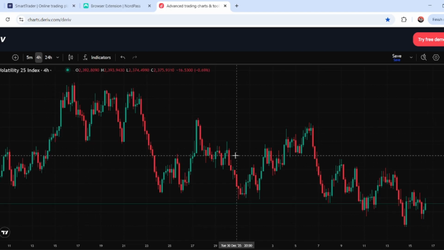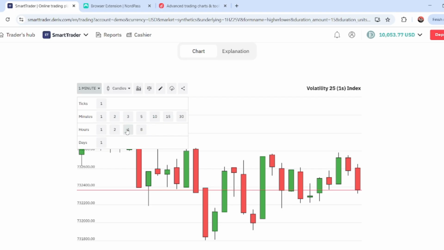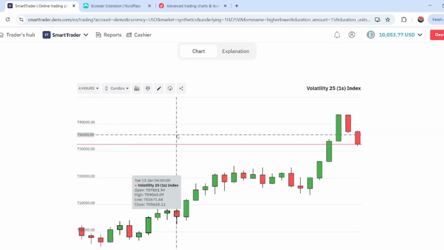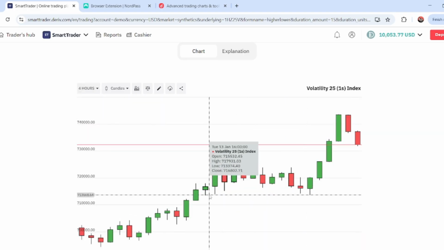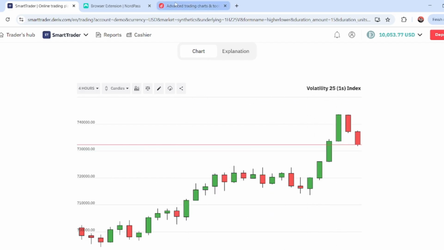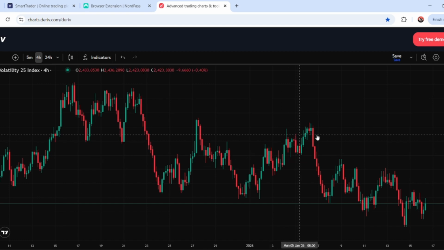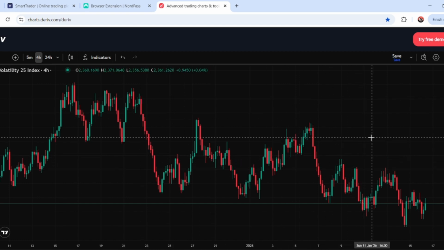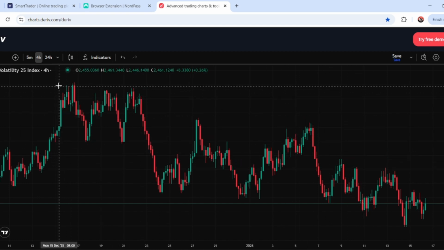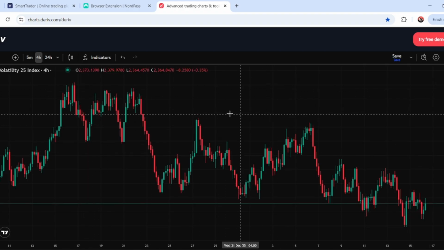Yet when you are on Smart Trader, you can't see the whole chart. Even if you push to the 4 hours time frame, you still can't see the whole chart. You only see a mini version of the chart. But when you go to TradingView, this is how the whole market is. You can do a daily time frame analysis, which I can also show you guys.